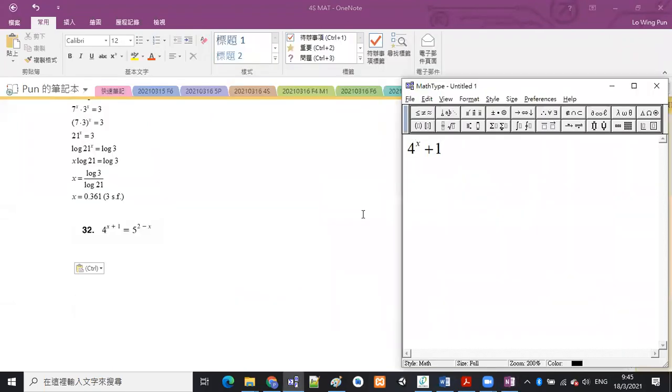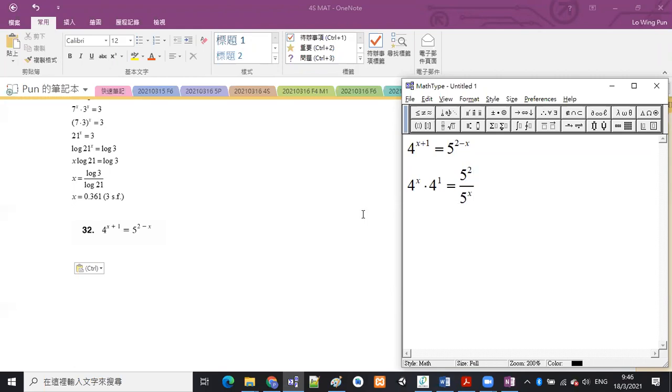Four to the power x plus 1 is equal to 5 to the power 2 minus x. And again, I'm going to use my method where I split 4 to the power x times 4 to the power 1 is equal to 5 to the power 2 over 5 to the power x.